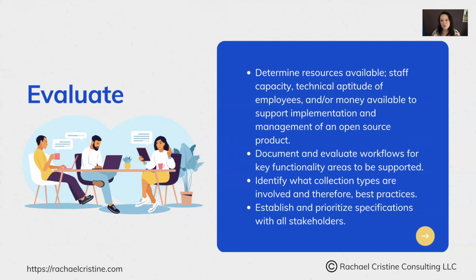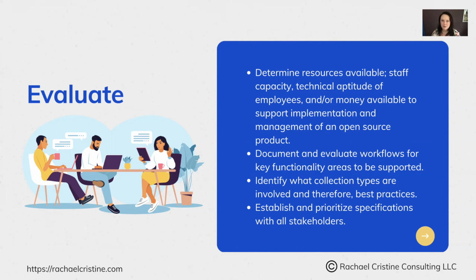First, determine the resources that you have available, and resources could be staff and capacity of staff, the technical aptitude of the employees you have access to, and or the money available to support implementation and management of your open source product. Second would be to document and evaluate all of the workflows that you are doing currently and identifying key functionality of areas that need to be supported by your open source product.